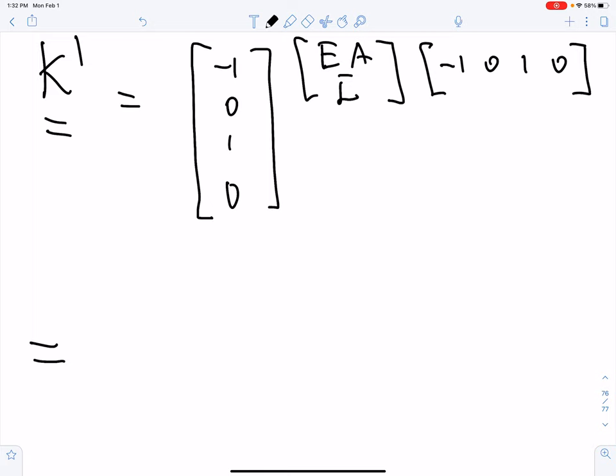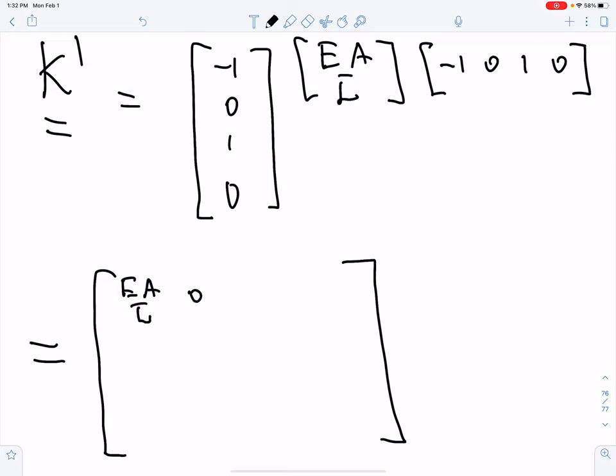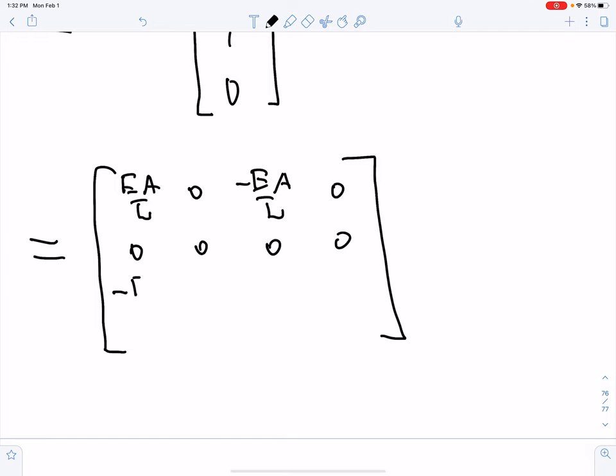You get a 4-by-4 matrix that looks like this. EA over L, 0, minus EA over L, 0, 0, 0, 0, 0, minus EA over L, 0, EA over L, 0, 0, 0, 0, 0. Okay?